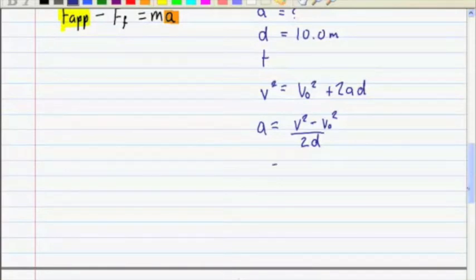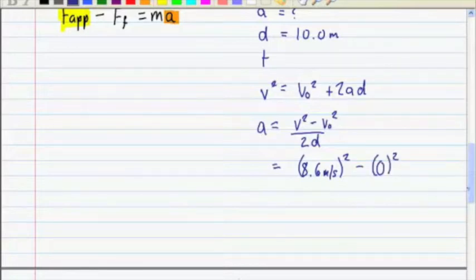And substituting in our values, we see that we get 8.6 meters per second squared minus, well, 0 squared, that's easy, all divided by 2 times the distance, which is 10 meters. Now our 0, really, we know that that's just going to cancel out. So I could have gotten rid of this sooner. I'm just going to get rid of it now to make my calculations a little bit simpler.